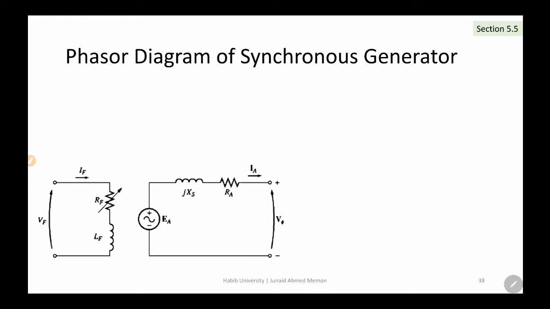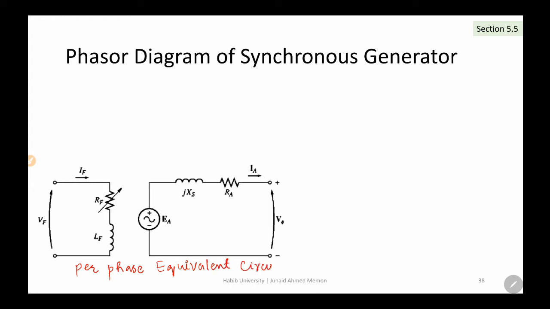So what you see on the left side of your screen is what we call the per phase equivalent circuit of the synchronous generator. Per phase equivalent circuit means we are only looking at one winding and the load connected to it.